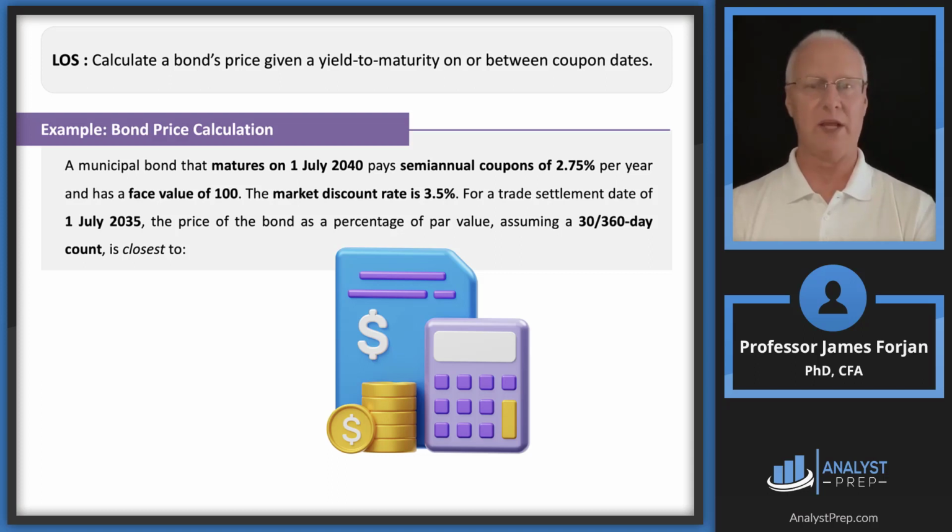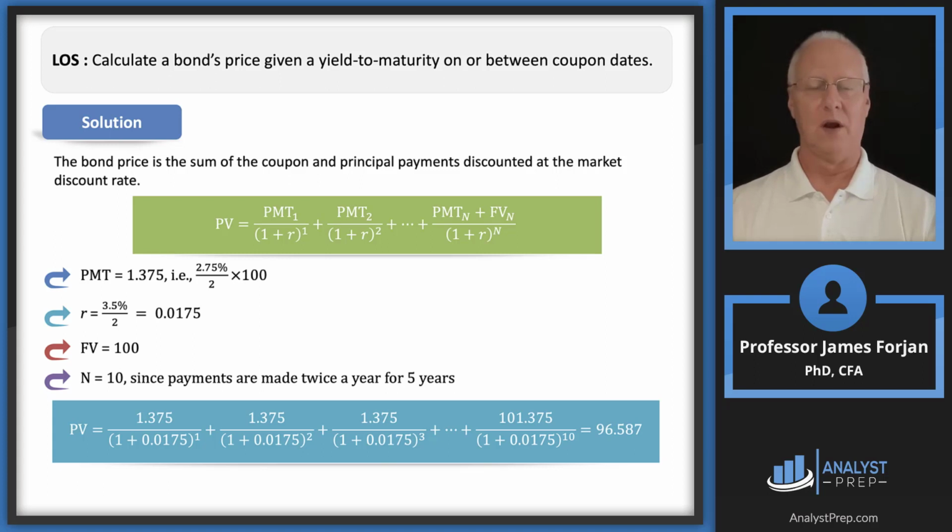There's the market discount rate, so be ready for this to be termed yield to maturity. Be ready for it to be termed the required return on the bond. Trade settlement date, July 1st, 2035. We're assuming a 30-day month, 360-day year. So what's going to be the price as a percentage of par value? What's the price of this bond? All right, you ready for this?